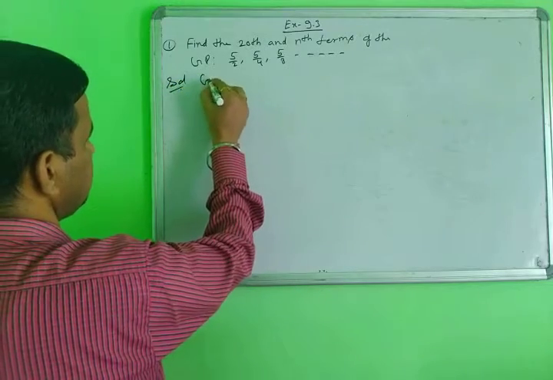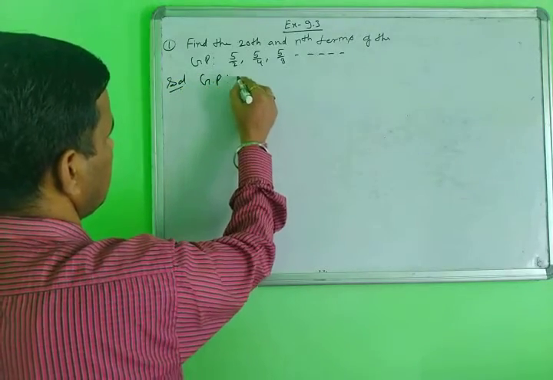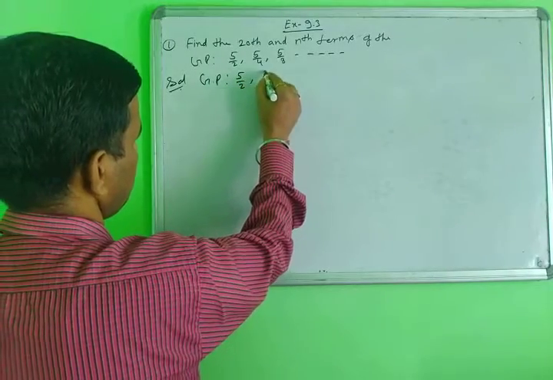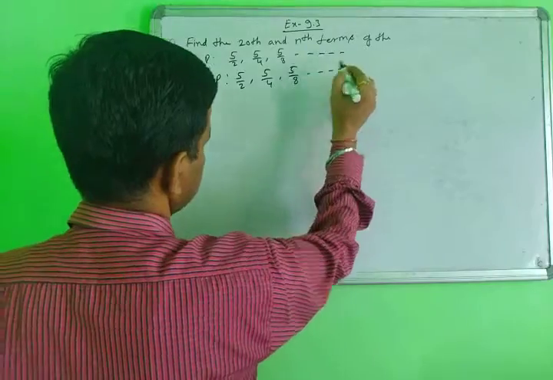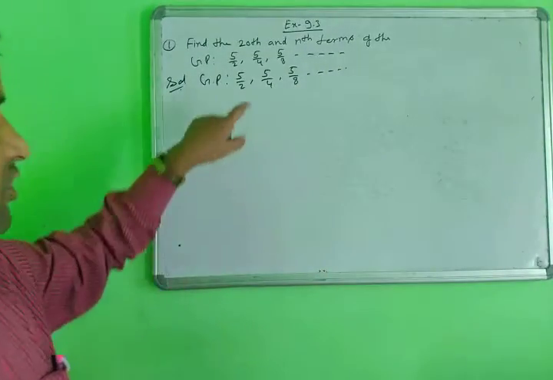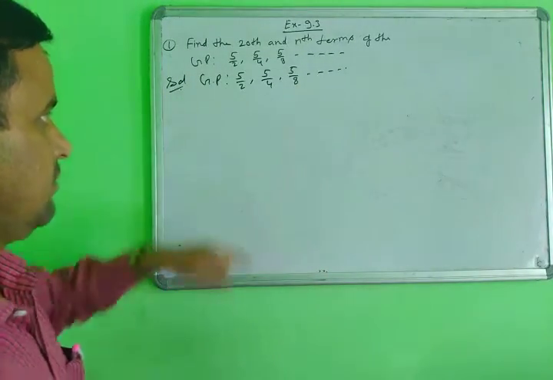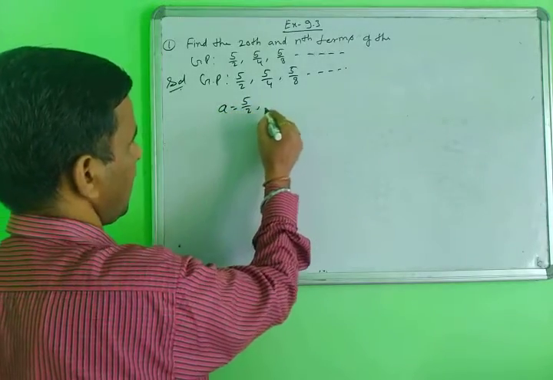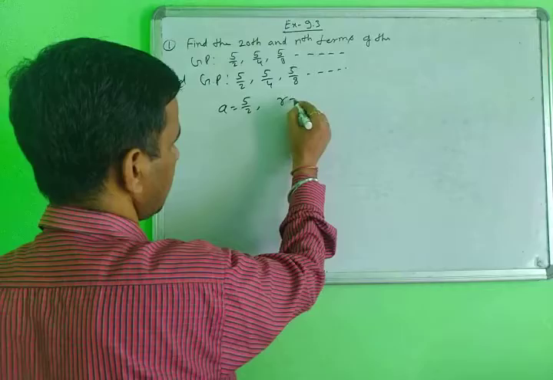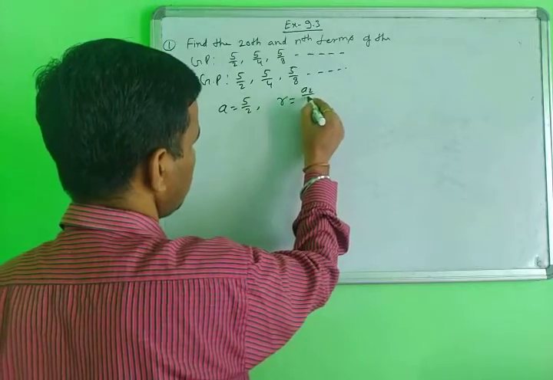First of all, write the GP here: 5 upon 2, 5 upon 4 and 5 upon 8, and so on. What is the first term here? First term is A, and A is 5 by 2. And what is the common ratio R? It means A2 upon A1.